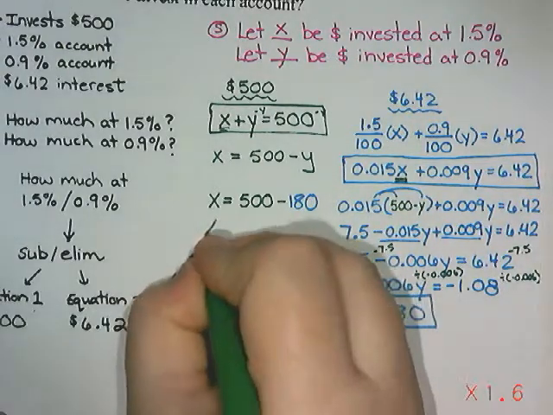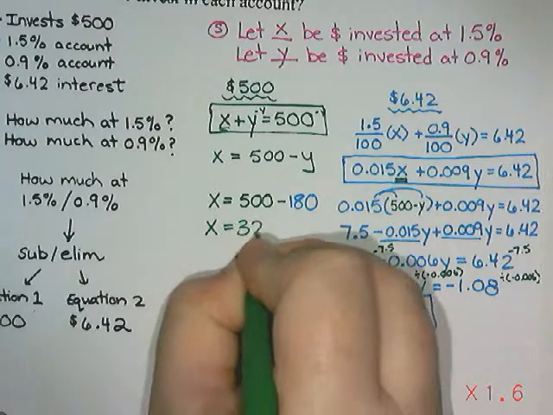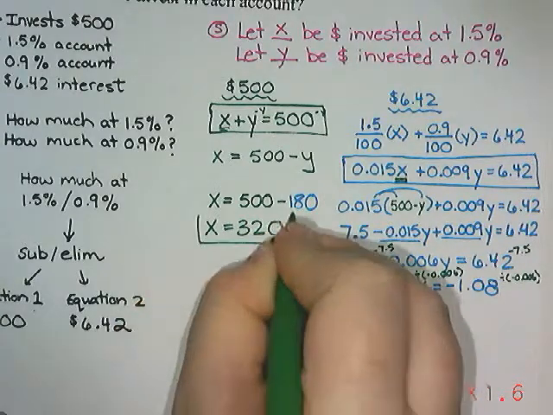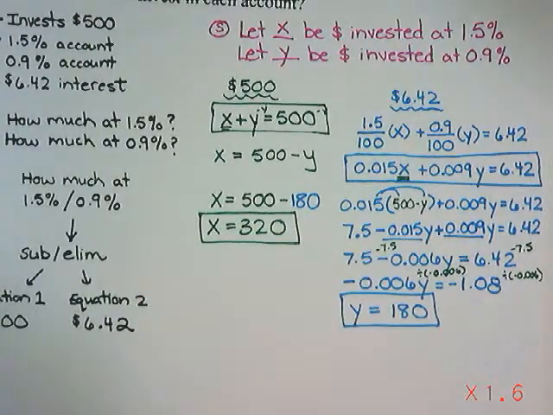And I get $320. So she invested $320 at 1.5%. She invested $180 at 0.9%.